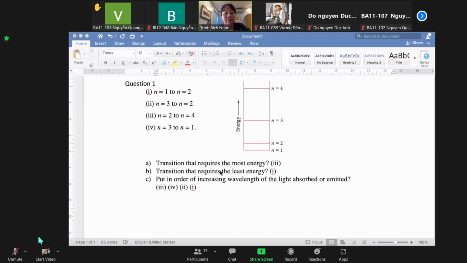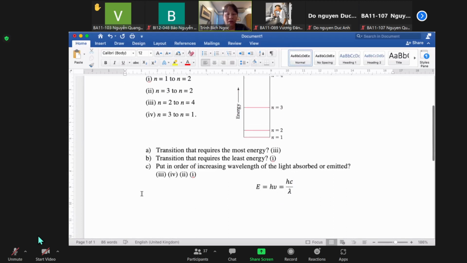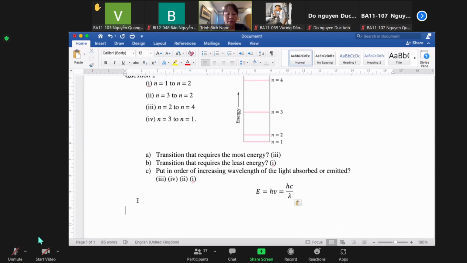You remember the formula to calculate the energy? E equal to hc divided by lambda. Lambda is the wavelength. Do you remember this? Okay, so to find the relationship between the energy absorbed or emitted and the wavelength, we have this formula.